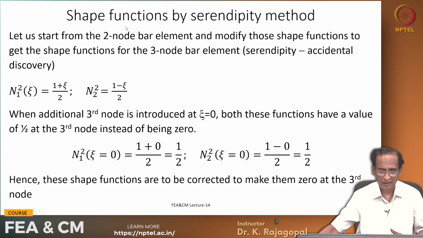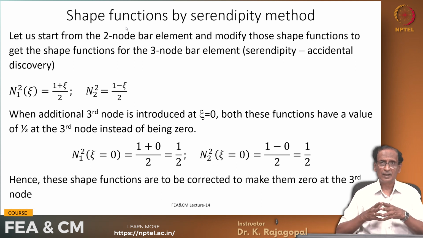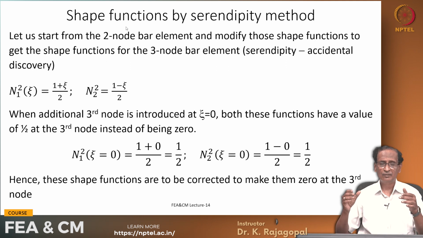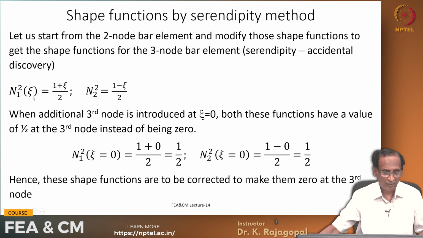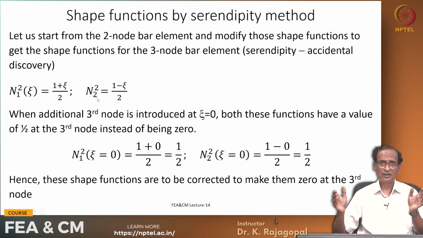And this method of deriving the shape functions for higher order elements is: we start with the shape functions for a lower order element and then go on applying some corrections to get the shape functions for higher order elements. Okay. Now, let us start with this 2 node bar element.